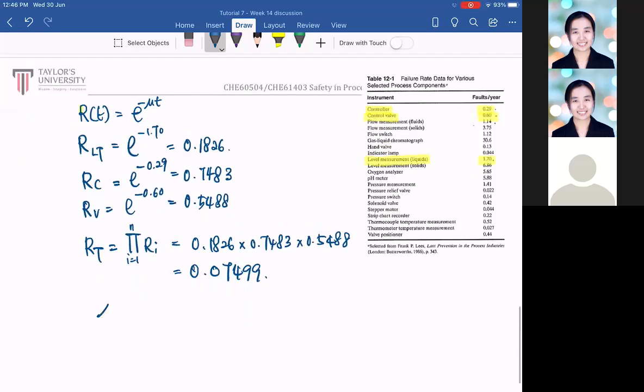So now we want to know the overall mu, where we have negative ln of 0.07499.